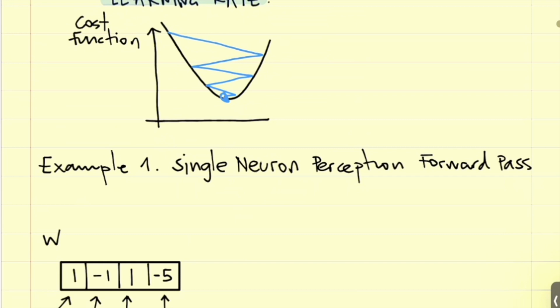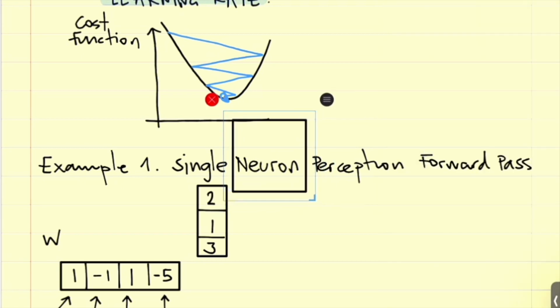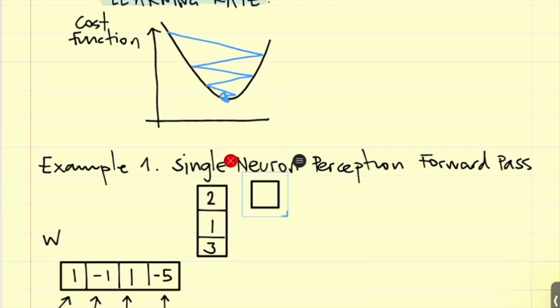Okay? And I have a signal with values 2, 1, and 3. And then I tell you, please apply ReLU as the activation function, and give me the value that a perceptron would give in the first forward pass.